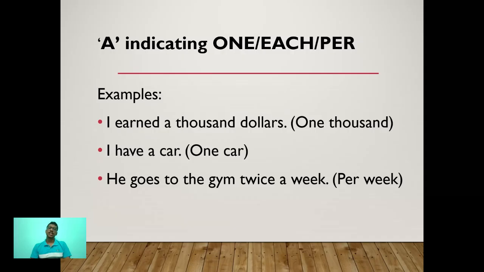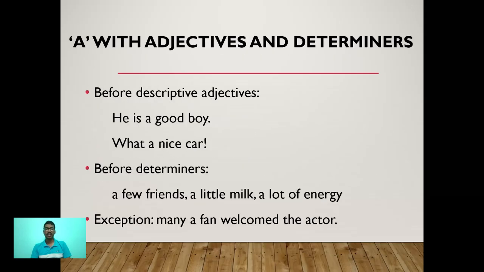This is usually placed in front of the adjectives and the determiners. For example, we use this indefinite article in front of descriptive adjectives. For example, he is a good boy. Here, the adjective is good. So we say about one singular person, he is a good boy.